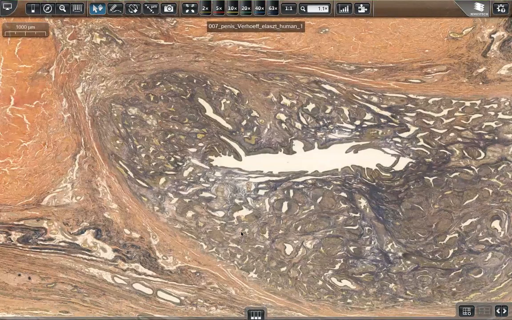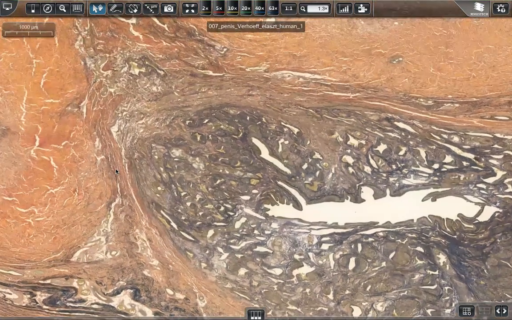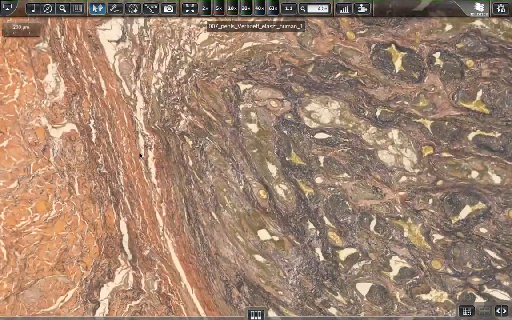Now let's see the corpus spongiosum, having the lumen of the urethra. This is the spongy part of the male urethra, and it's also surrounded by tunica albuginea, but it's much thinner.